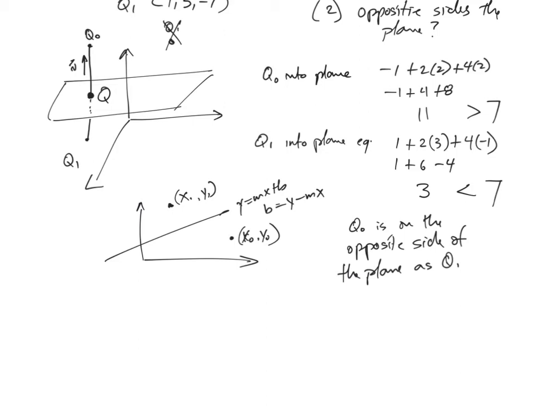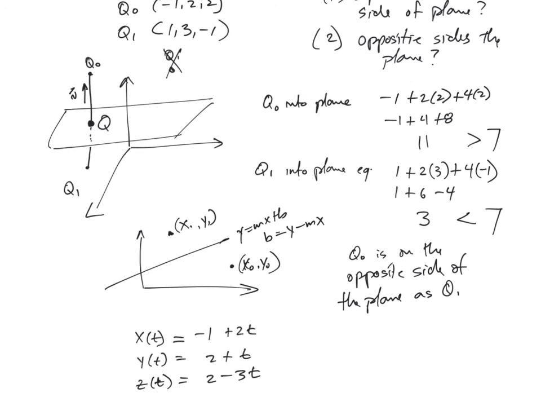Again, there's a number of different line equations all representing the same line. Any one of them will work. But if you do that, you can find that the line that connects Q0 to Q1 is x of t equal to -1 plus 2t, y of t is equal to 2 plus t, z of t is equal to 2 minus 3t.